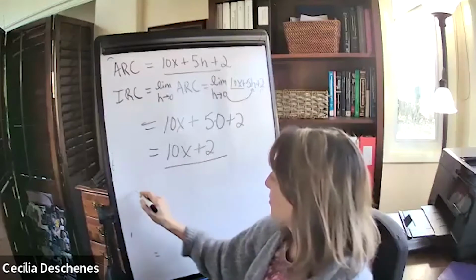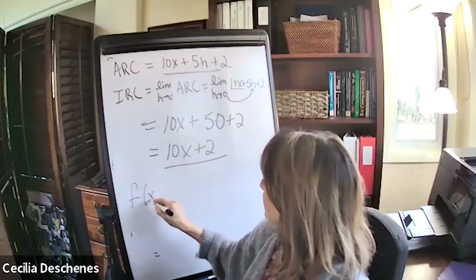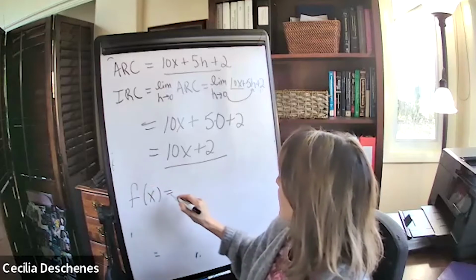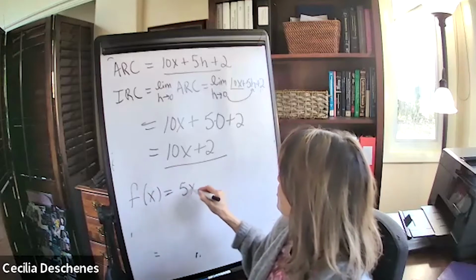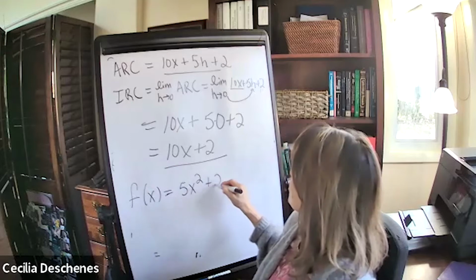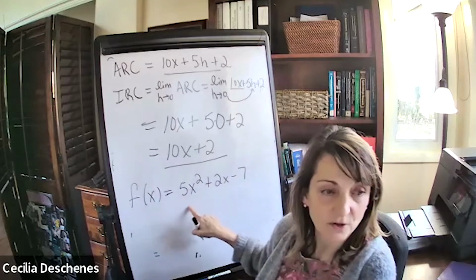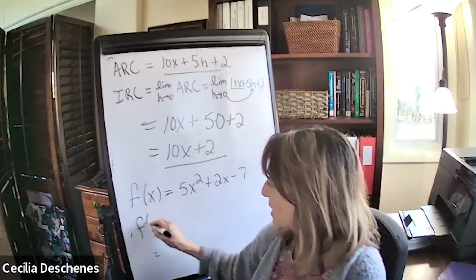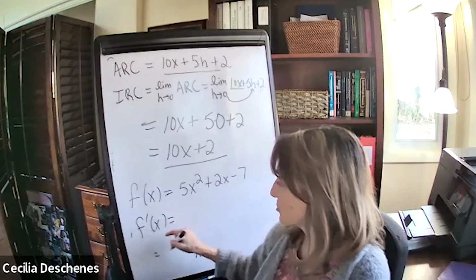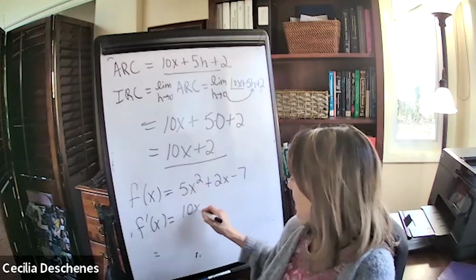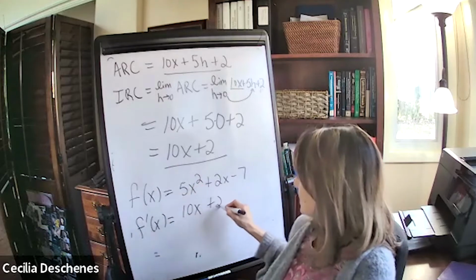All right. Now, our original function here was 5x squared plus 2x minus 7, remember? That was the original function. Now, using the power rules for derivatives, we can just take the derivative and we say this is 5 times 2, or 10x plus 2.